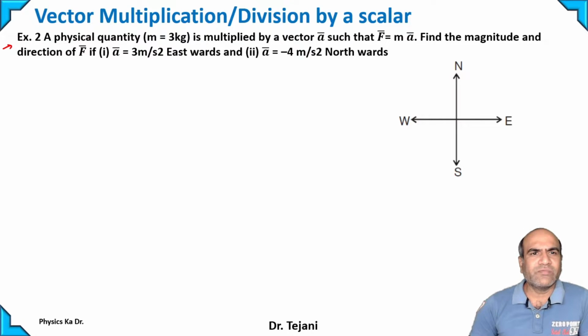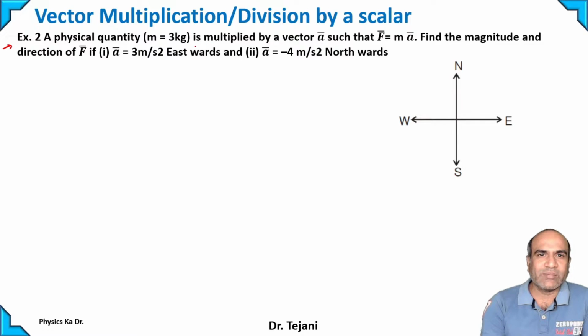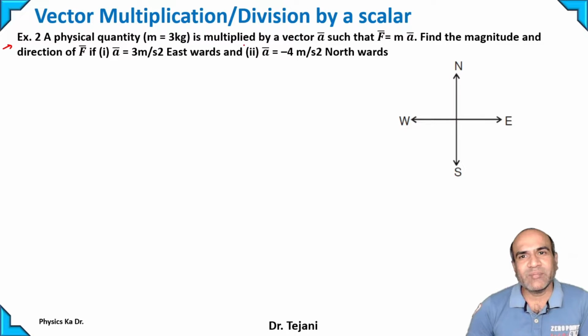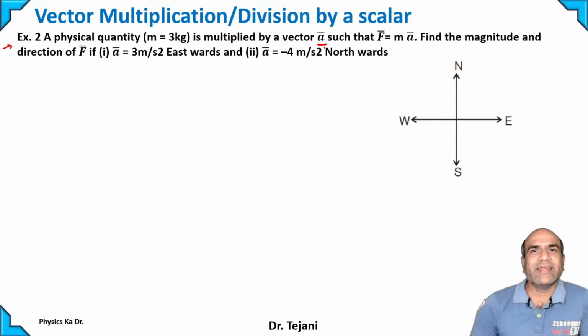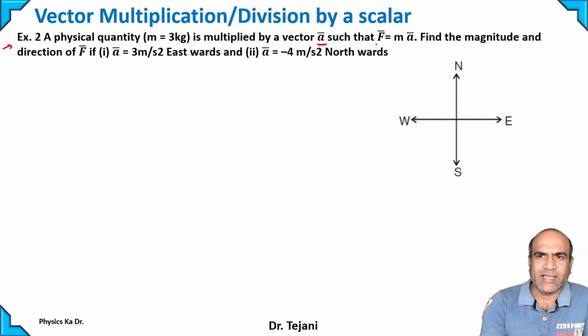The example given here is of a physical quantity, mass 3 kg, multiplied by a factor A, that is acceleration, such that force is equal to mass multiplied by acceleration.